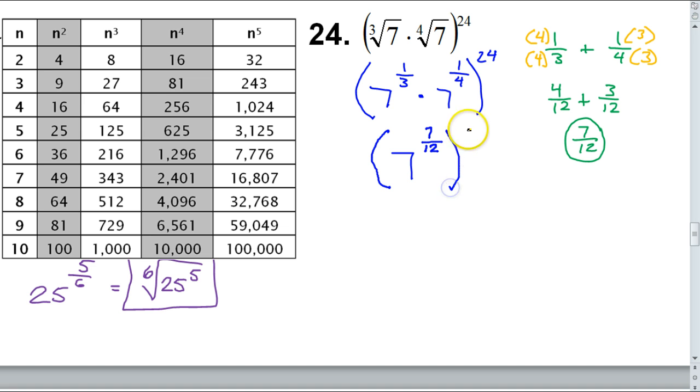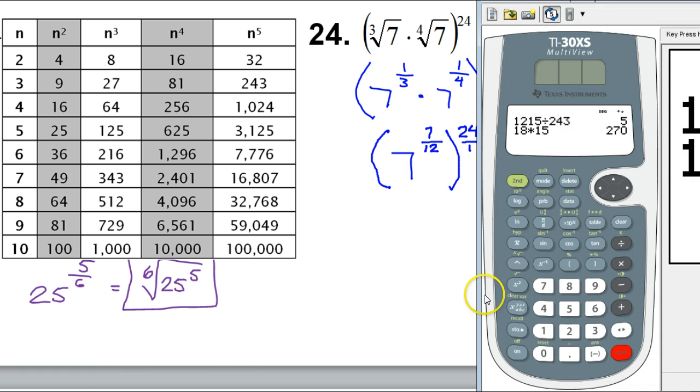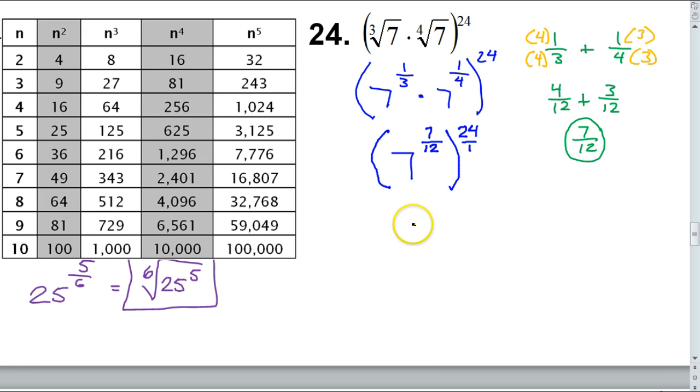Now this entire thing is being raised to the 24th power. Now you guys tend to multiply the 7 times the 24 and get whatever that number is. This is what you guys usually do. You go 7 times 24. Alright, that's 168. So you guys usually go, okay, that would be 7 to the 168 power, and of course 12 times 1 is 12.